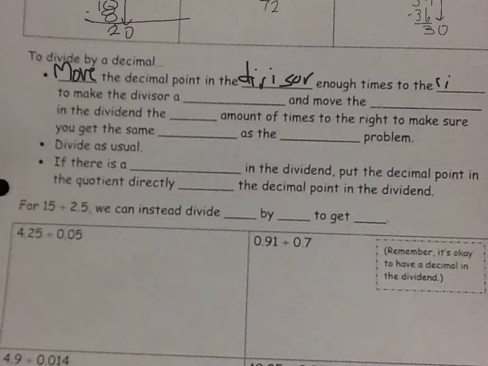Makes the places get bigger to the left. You know, I have my left-right issues. To make the divisor a whole number, and we are going to move the decimal point.